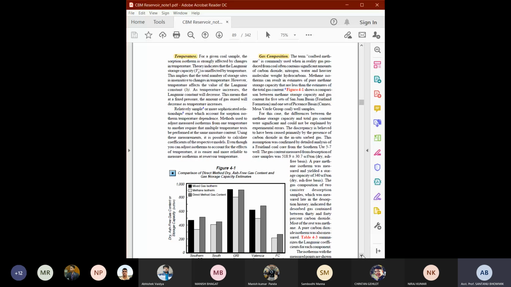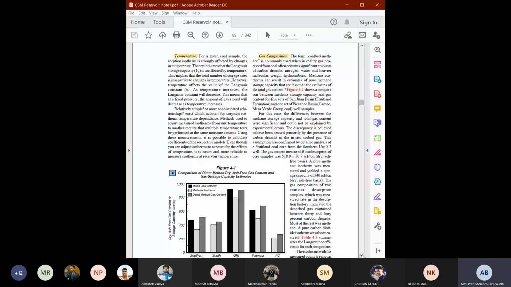Suppose I say the water percentage or moisture percentage is 20%. That means you will get only 80% as the maximum gas storage capacity for a particular type of coal. Why? Because 20% of the pore volume is already filled with water, so you get 20% less capacity than the coal would otherwise be able to store. Okay.